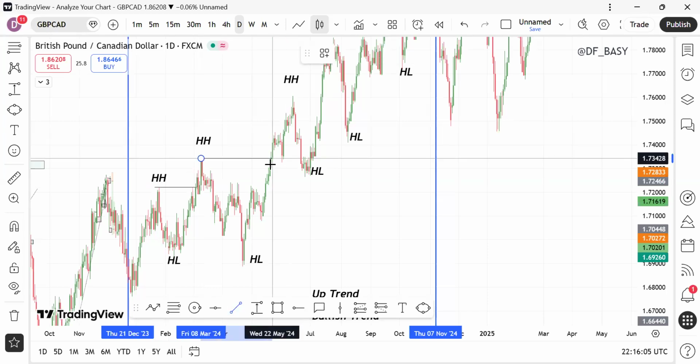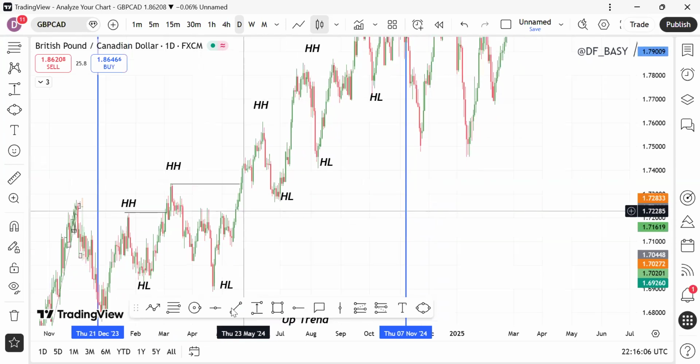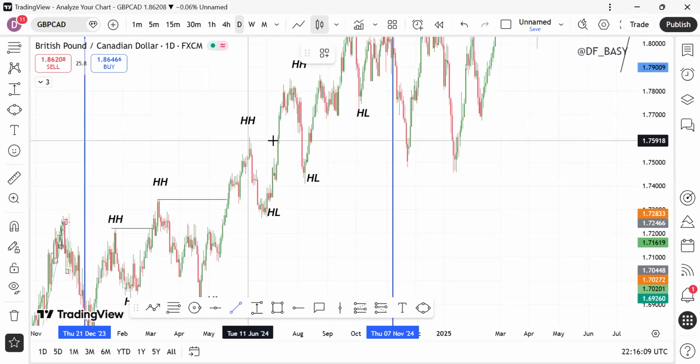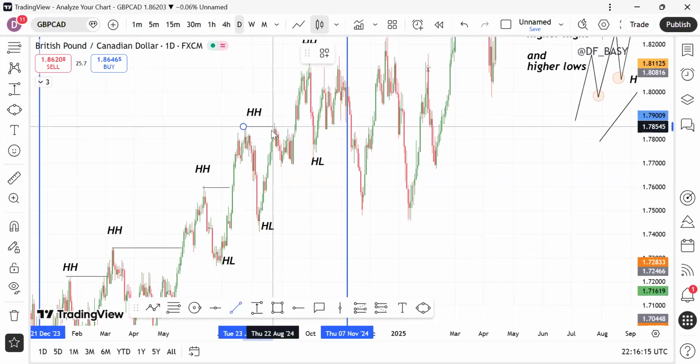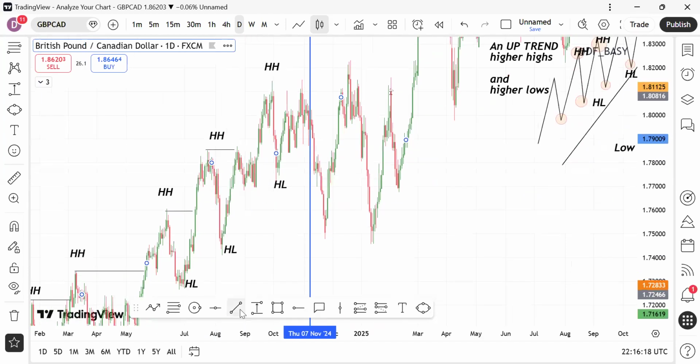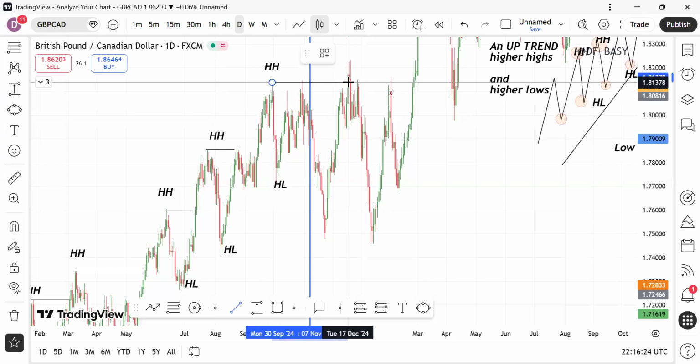This is a break of structure. This is another break of structure. This is another break of structure. And this is another break of structure. Break happened here.